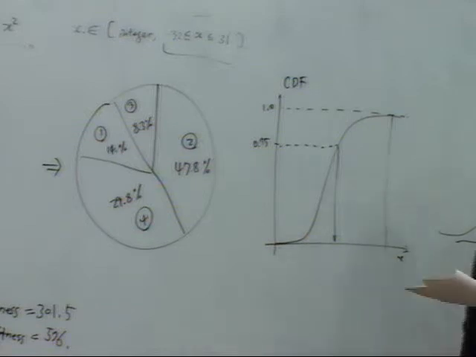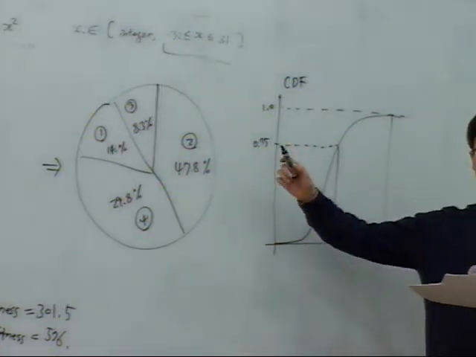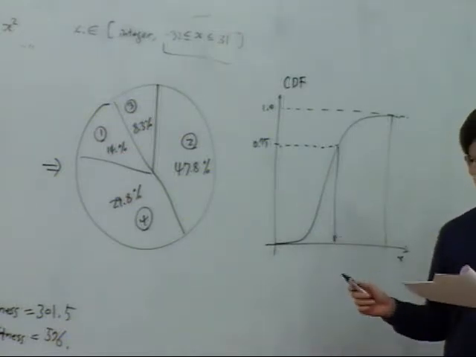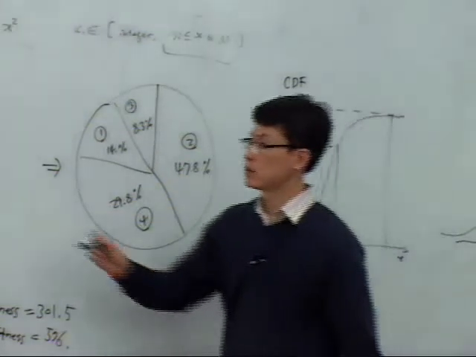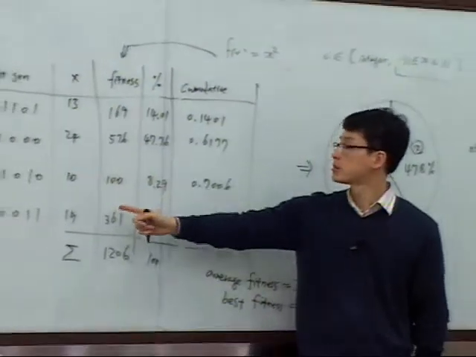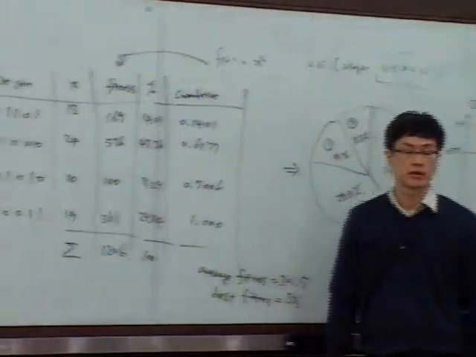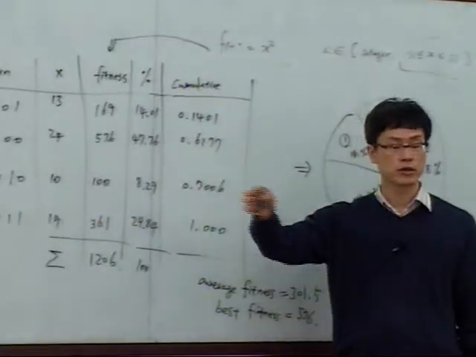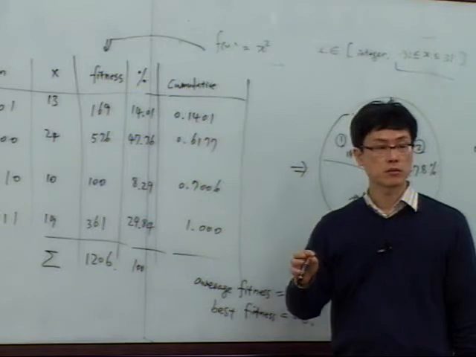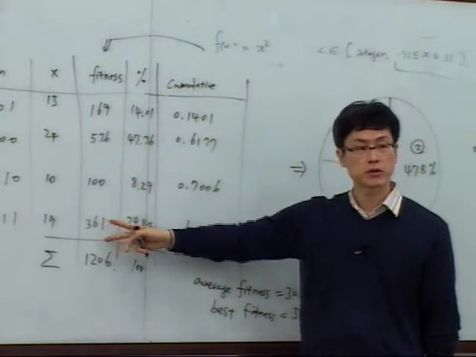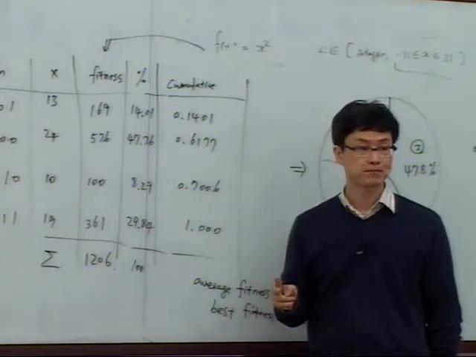By doing that, we can simulate spinning this roulette. The thing is, we know this is the highest fitness value and this is the lowest fitness value. So a really simple approach is, for example, if we have only a survival rate of 50%, we can choose these two because they're the best two.